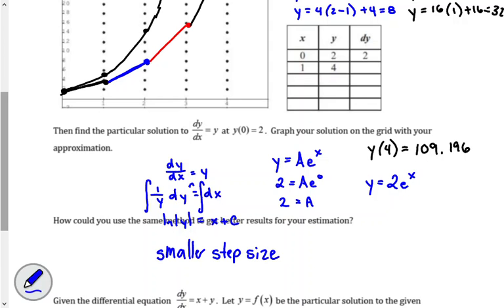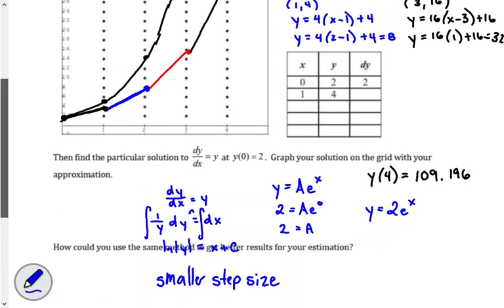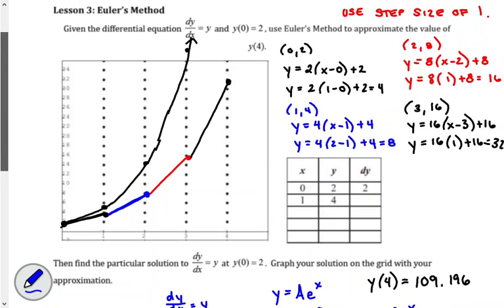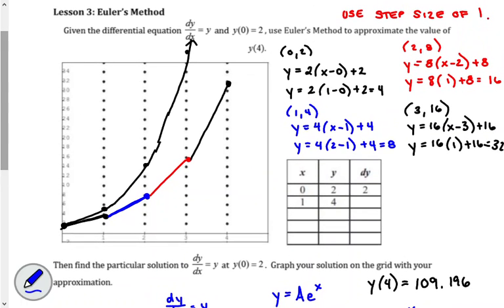Okay, but there's an easier way, because writing all of these, well, it's not easier, it's just a method to keep you from writing a million different tangent lines. So the better method is to create a table like this that they have down here: x, y, dy.